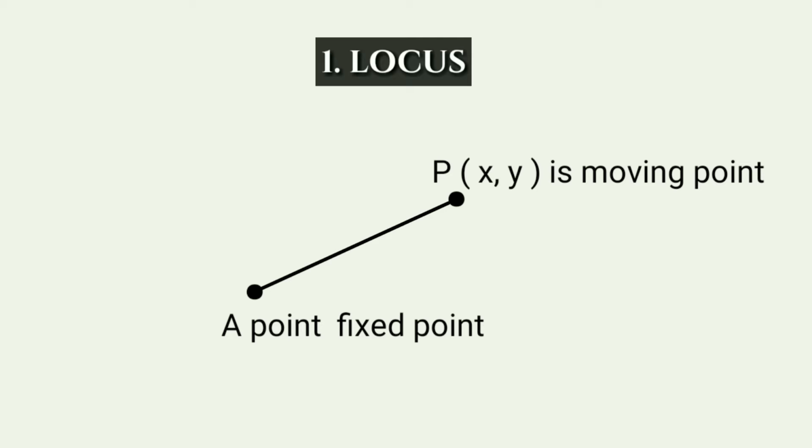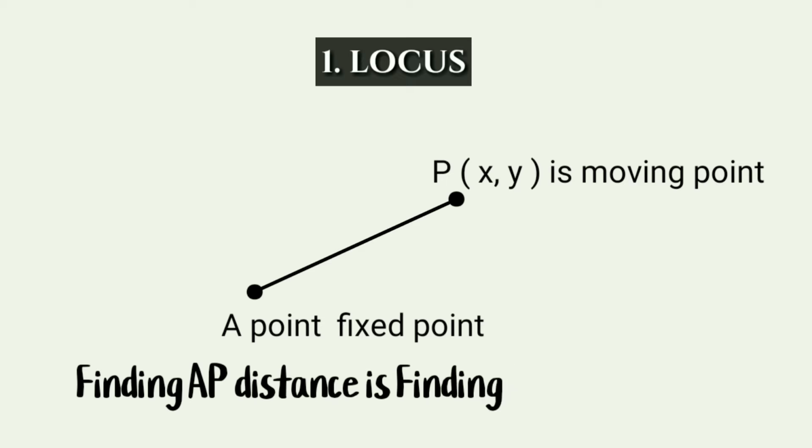Here, finding the distance AP is finding whether P is on the locus. So in this chapter we only find this A to P, from some fixed point to any point, meaning a locus point, finding the point P on the locus.